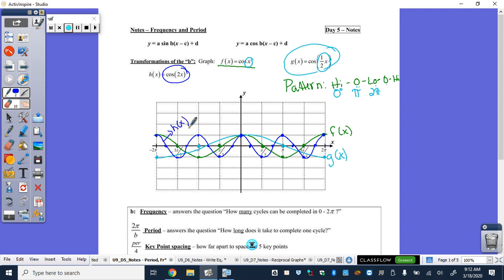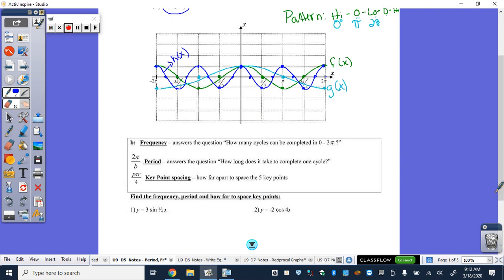So that number in with x, that tells you how many times you got to get that curve in the period. And that is what we refer to as our b value. B represents our frequency. That answers the question of how many cycles can be completed in the typical 0 to 2 pi period?